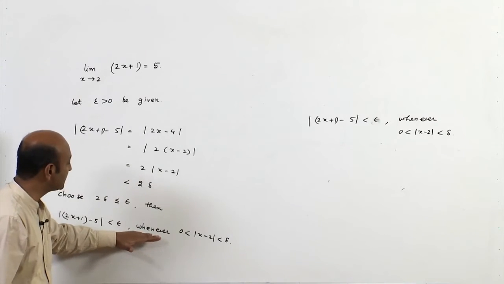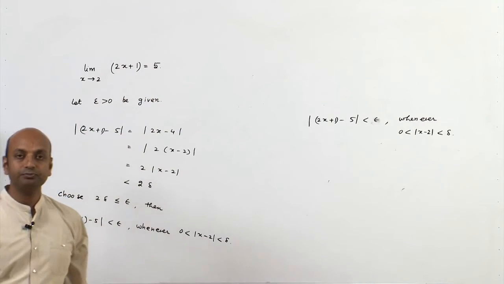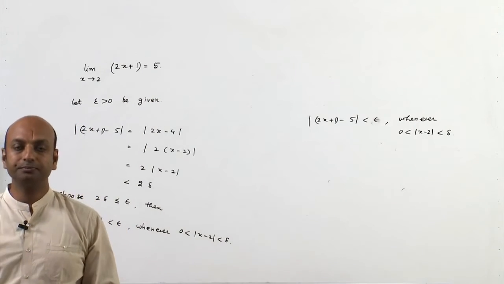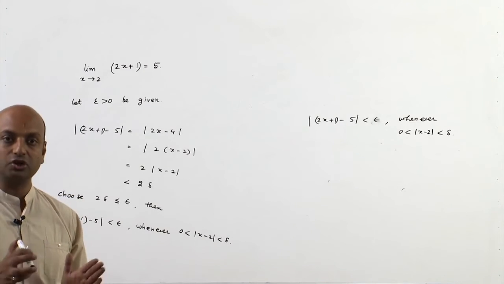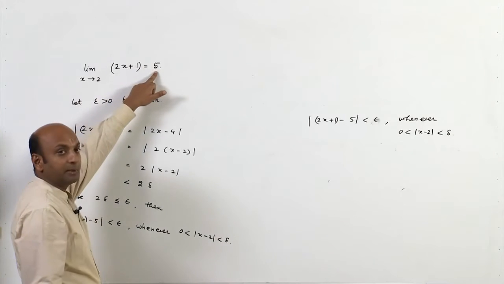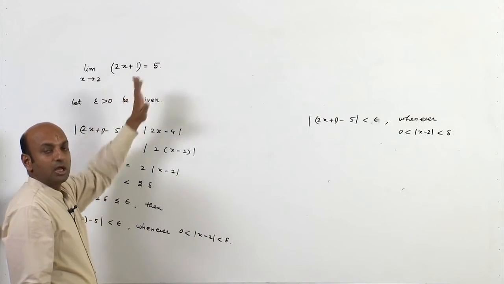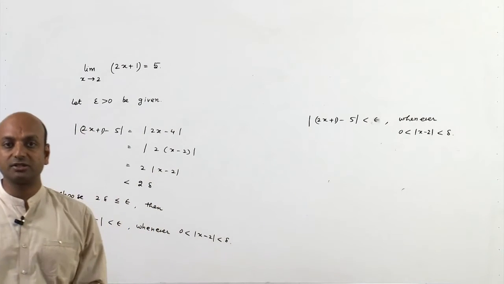Hence, we can say that this limit exists and is equal to 5. So, this is how, using the delta epsilon definition, we can show the existence of a limit of a function. Now, the same concept we extend for 2 variable functions.